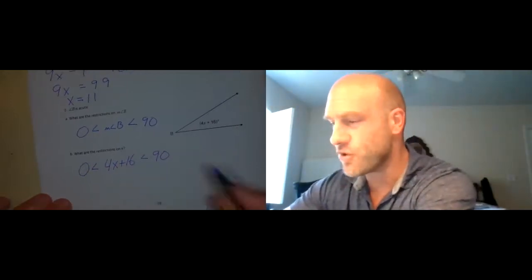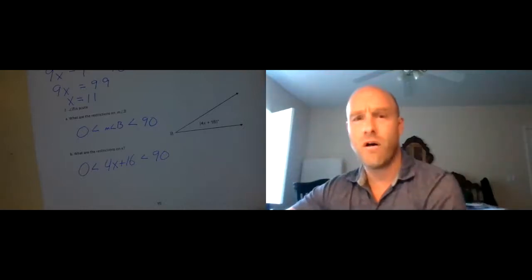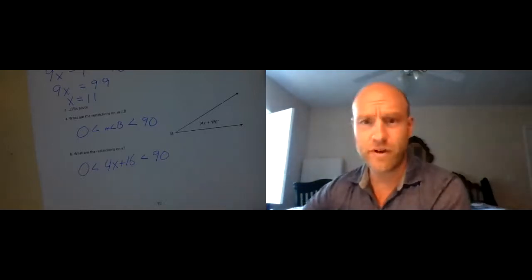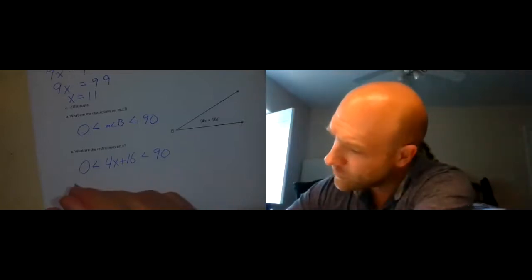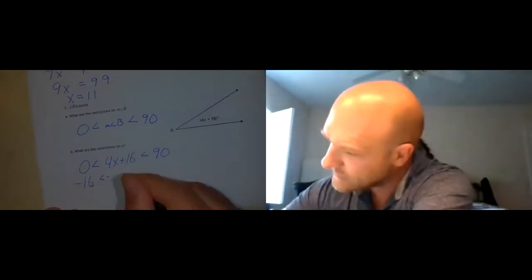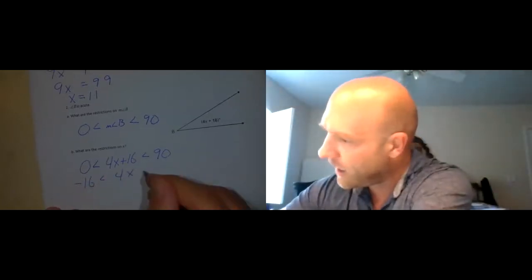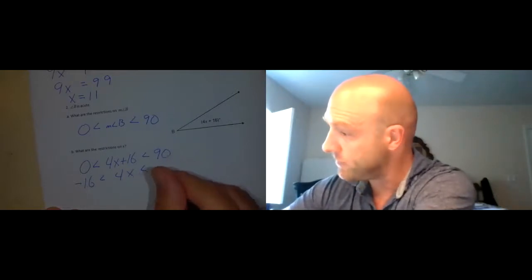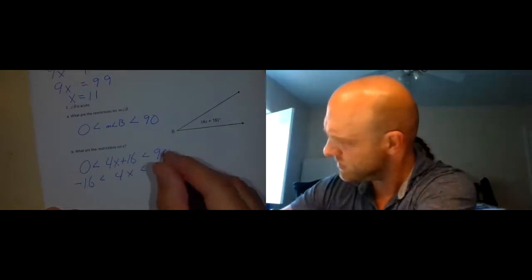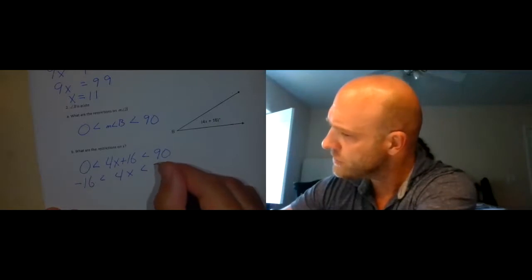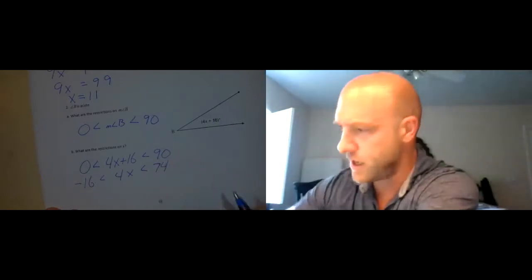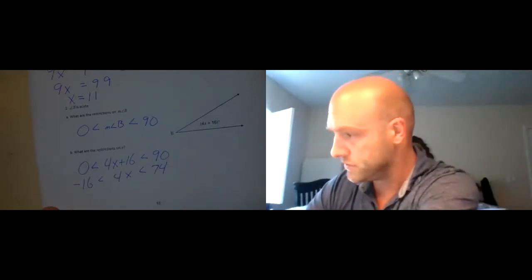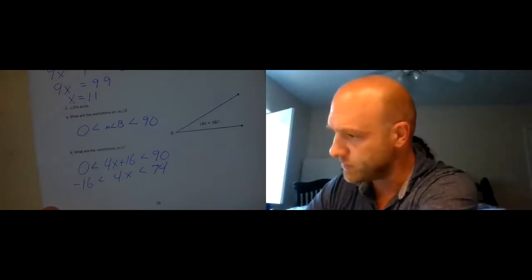I'm going to subtract 16 from all 3 sides of the compound inequality. So negative 16 is less than 4x is less than, I think that would be 74. Does that sound right? Yes, which is a little bit weird because that one's not divisible by 4. Just double checking here that that seems to be correct.